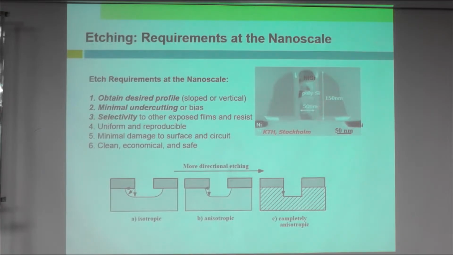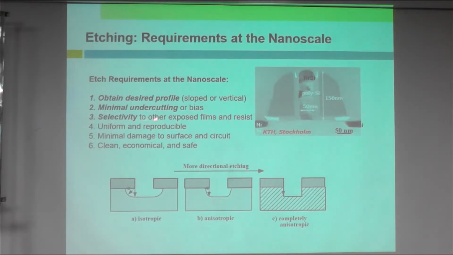We want minimal undercutting or bias, a direct cut, because if you want a high aspect ratio, 150 nanometers in comparison with this side of 50 nanometers, which is 3 times bigger, then if undercut happens, this will all be removed. So you cannot get this kind of high aspect ratio structure at the nanoscale using wet etching.